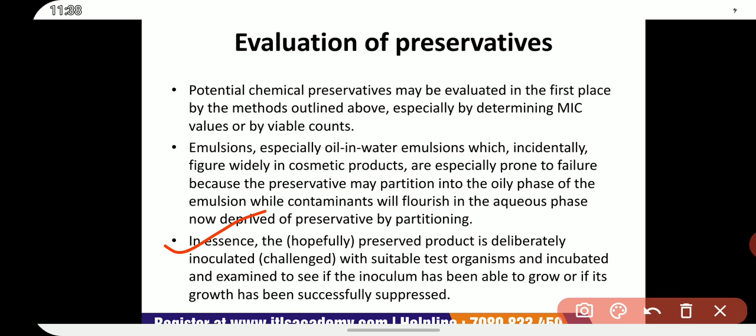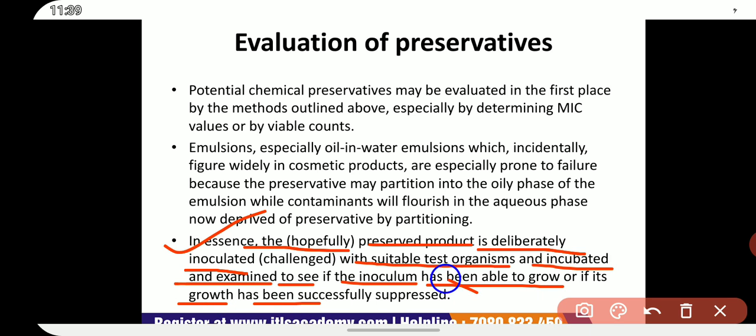In essence, the hopefully preserved product is deliberately inoculated, that is challenged, with a suitable test organism, incubated and examined to see if the inoculum has been able to grow or if its growth has been successfully suppressed.